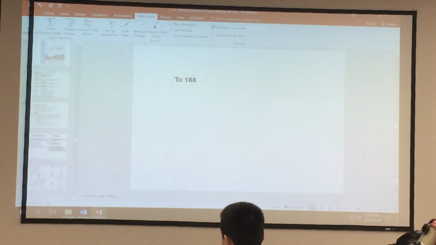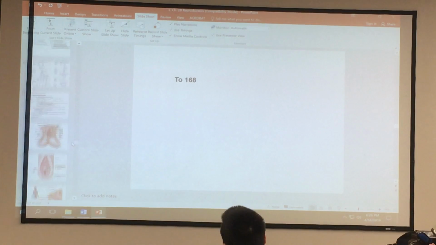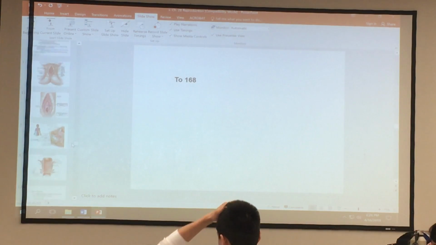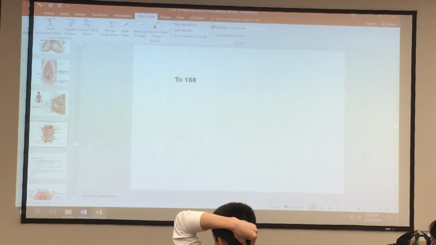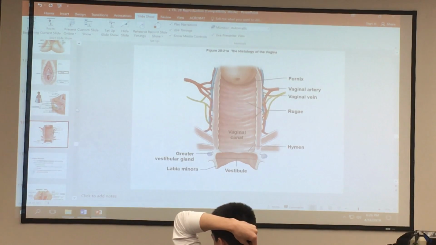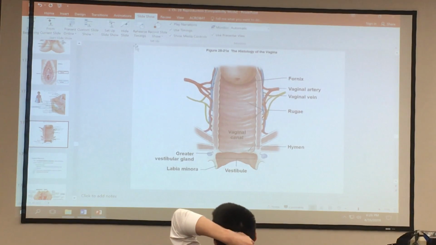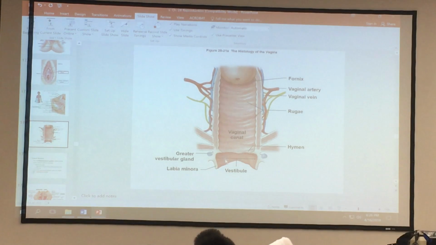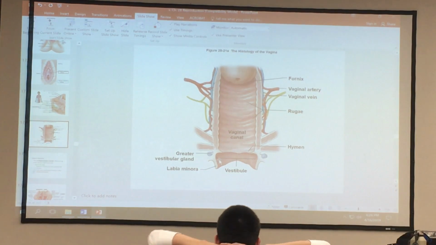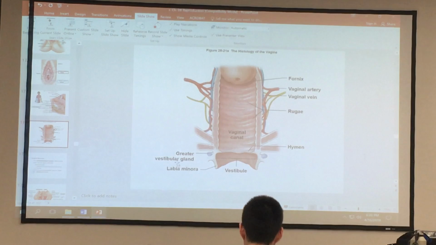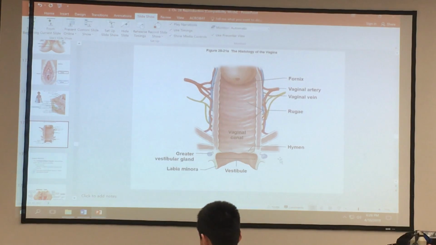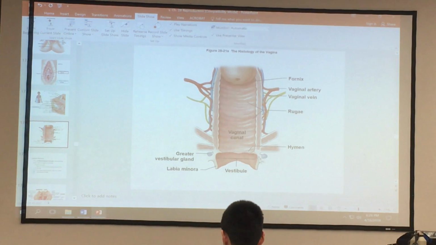But I just want to quickly show you the opening of the vagina, we call it the vestibule opening. The pair of exocrine glands are called the greater vestibular glands, just like the bulbourethral glands, and they can secrete mucus to lubricate.